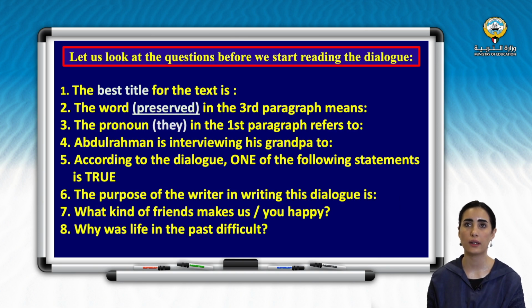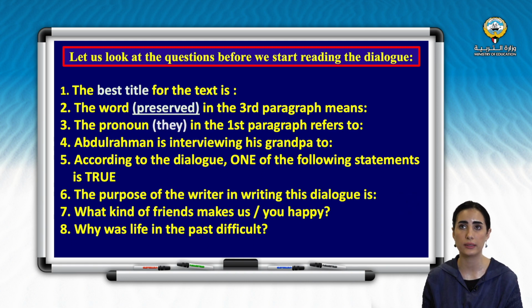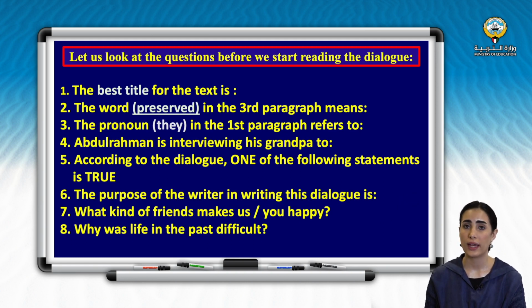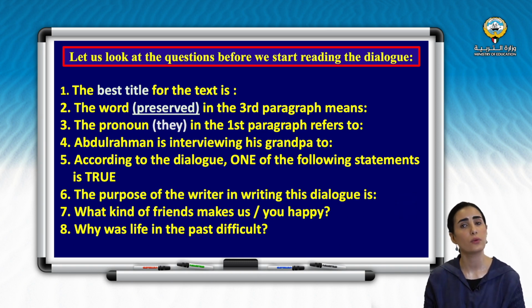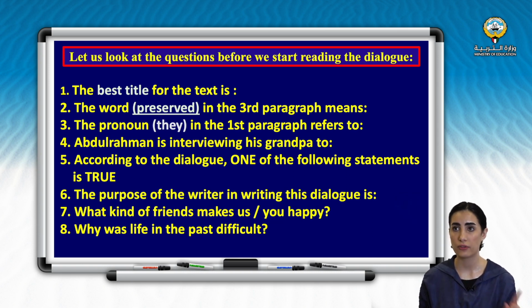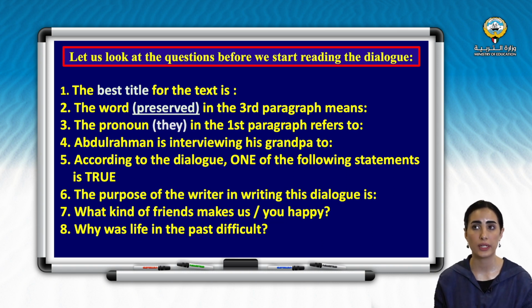So this is a dialogue between the grandpa and Abdurrahman. First, as we said, we have to look at the questions first so we can keep them in mind while we look for the answers. Question 1, what is the best title of the text? 2, the word preserved in the third paragraph means what? 3, the pronoun they in the first paragraph refers to what? 4, Abdurrahman is interviewing his grandpa to what?